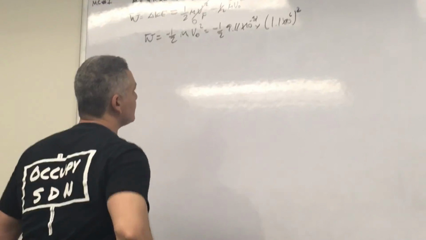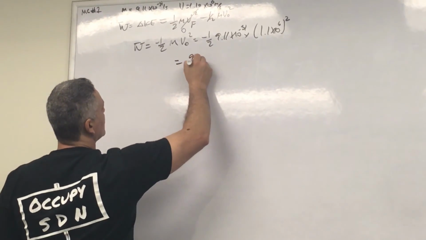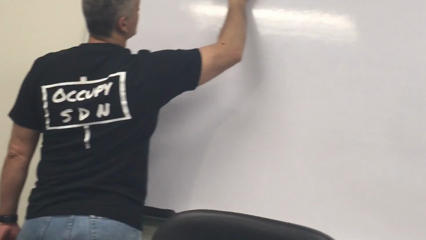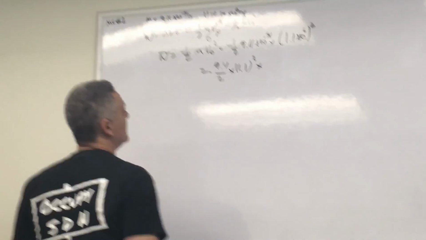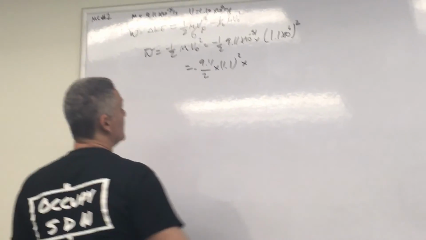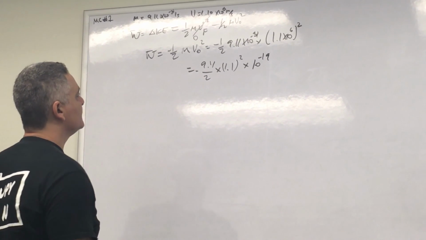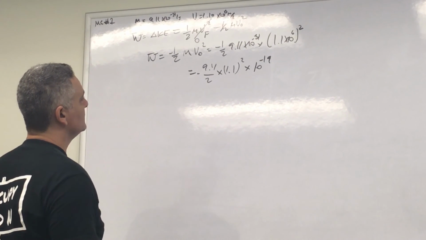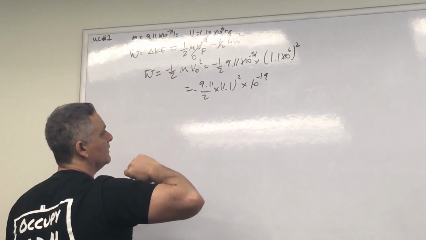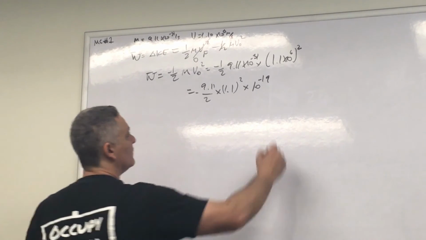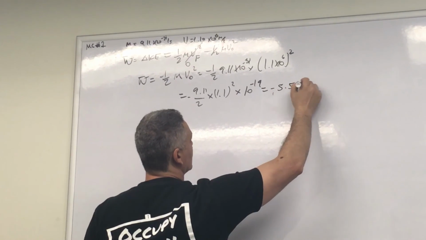So that's 9.11 divided by 2 times 1.1 squared, and that's 5.51. So it's a negative 5.51 times 10 to the negative 19. Negative 5.51 times 10 to the minus 19.